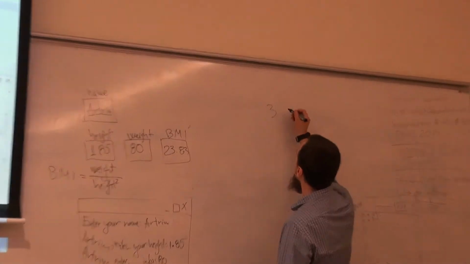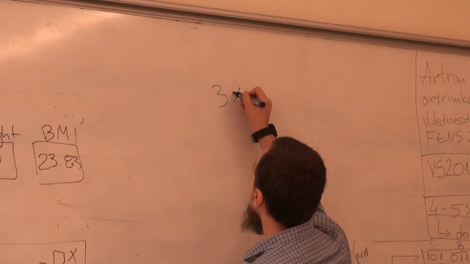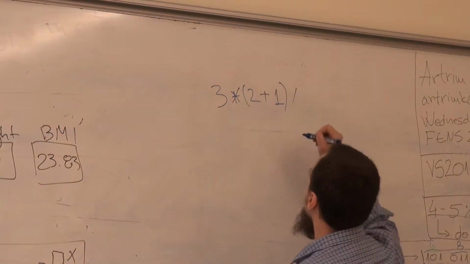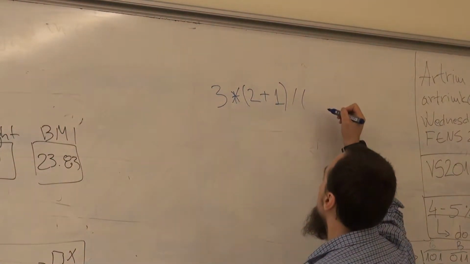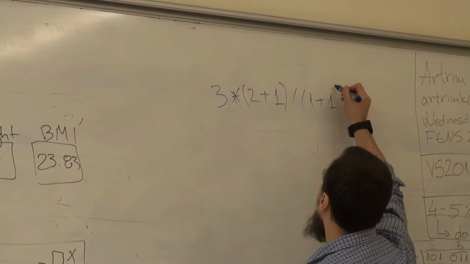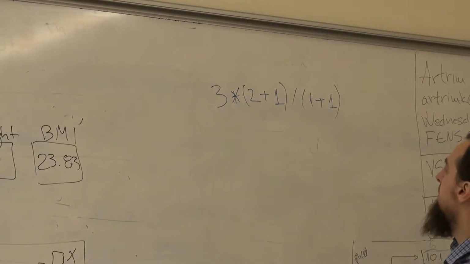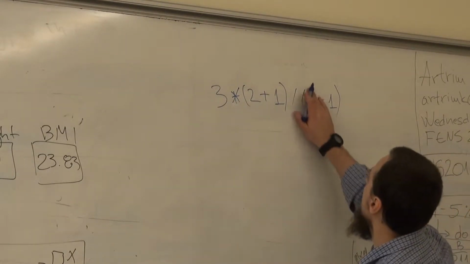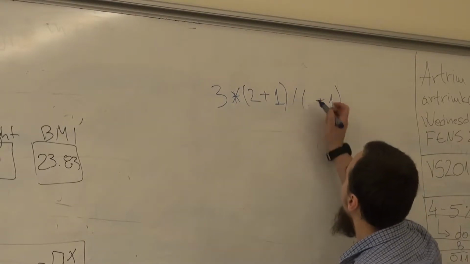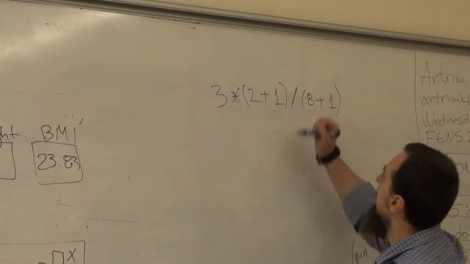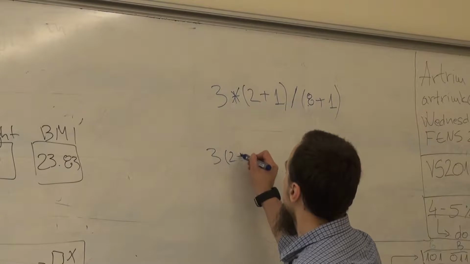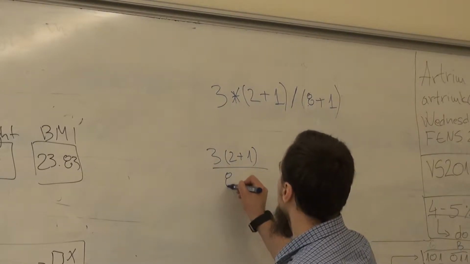So 3 multiplied by 2 plus 1 divided by 8 plus 1. Or you have seen it like this. 2 plus 1 divided by 8 plus 1.